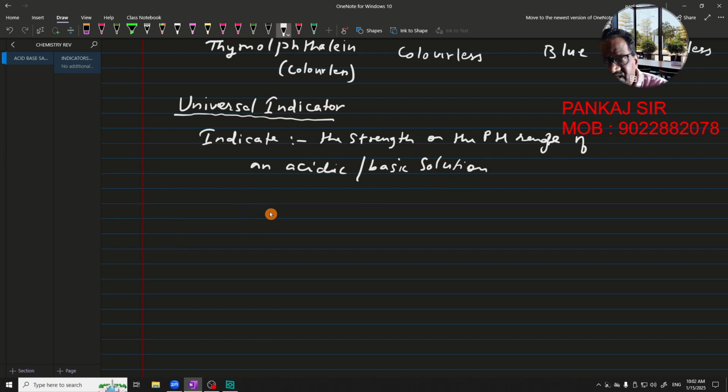So this is what a universal indicator does. It will indicate to you a range of pH, say from 2 to 3 or 2 to 4 or say 5 to 7, or say 8 to 10. I showed you that pH scale.